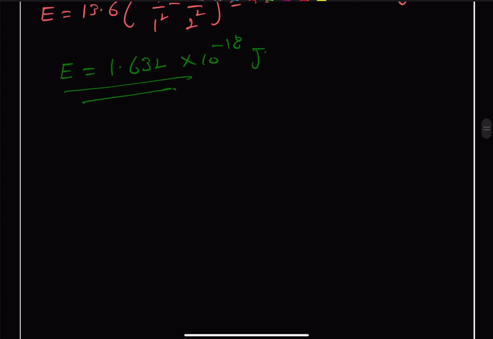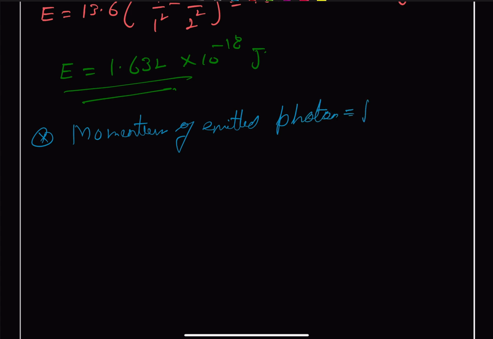Now we can find out the momentum of the emitted photon, which is P is equal to E upon c.